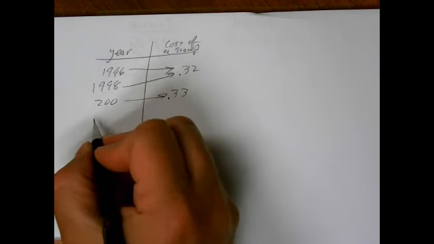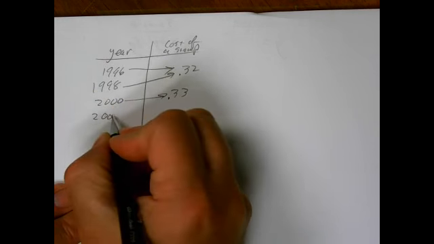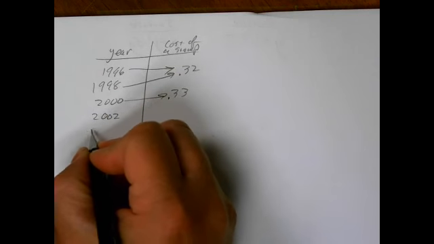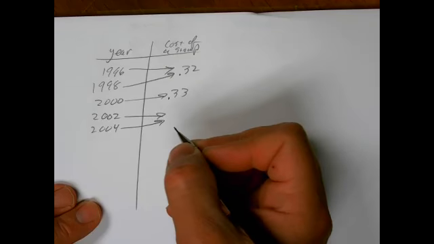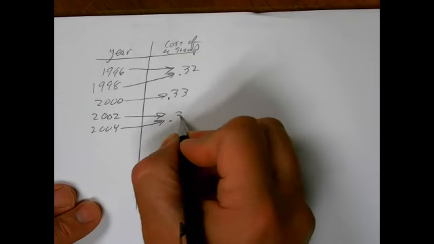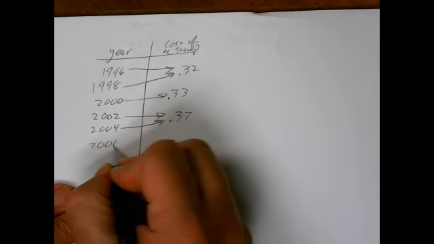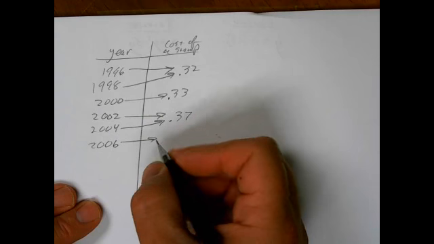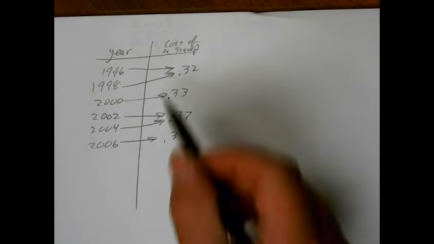If you look at the year 2002 and the year 2004, through that entire time frame, a stamp was 37 cents. In 2006, the price of a stamp went to 39 cents. And I'm not going to sit here and list out everything through 2020. I think you get the idea that there is a relationship here.